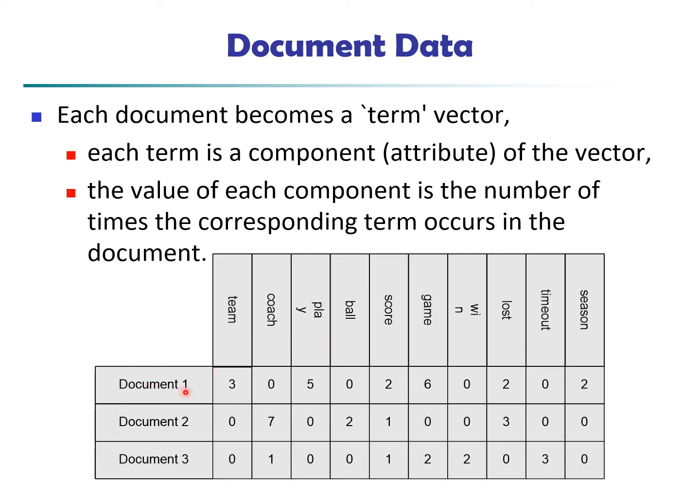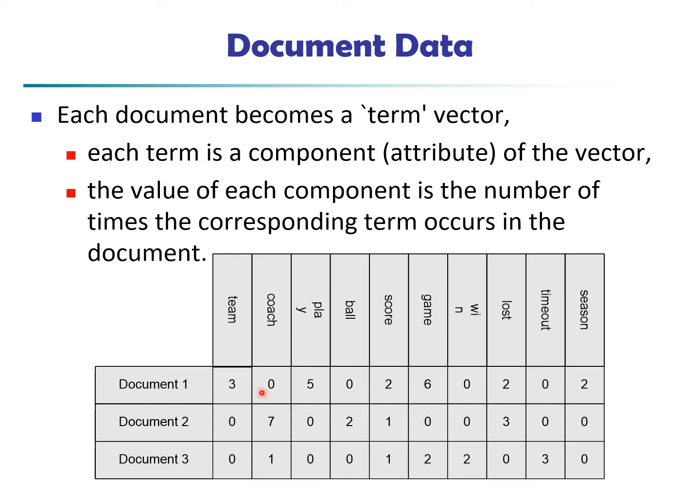So document 1 consists of these terms, and these numbers represent how many times each term occurred in document 1. In document 1, we read the word team 3 times, coach nothing, play 5 times, ball nothing, 2 for score, 6 for game, 0 for win, 2 for lost, timeout 0, season 2.